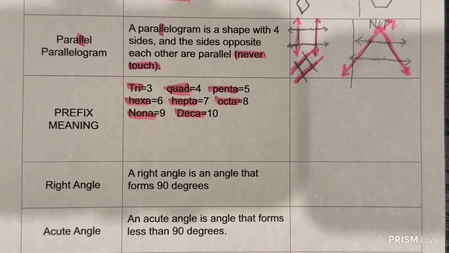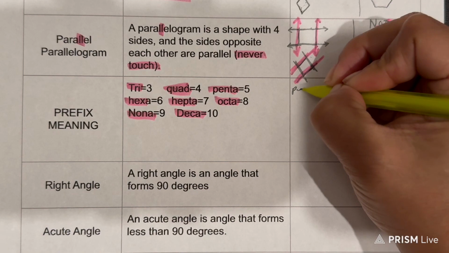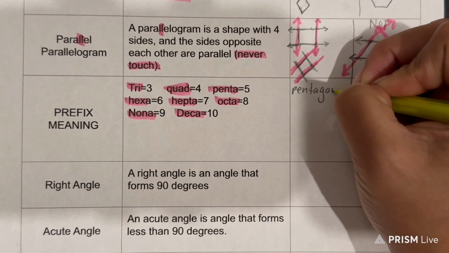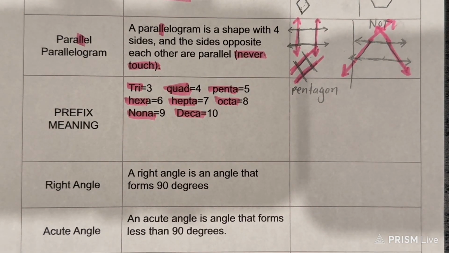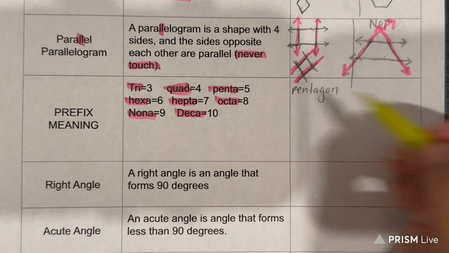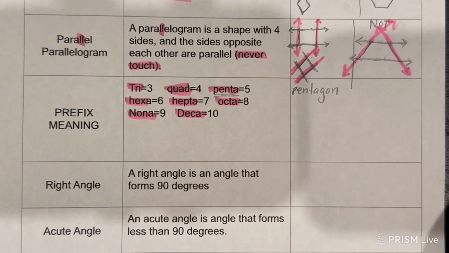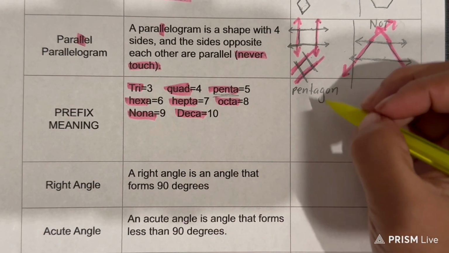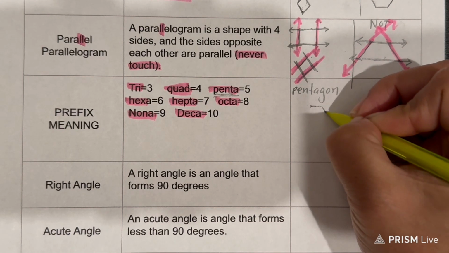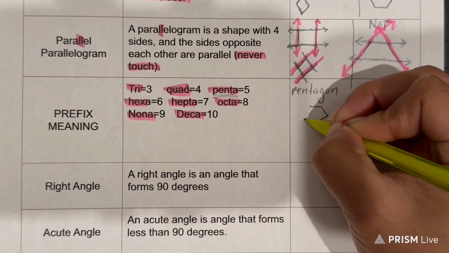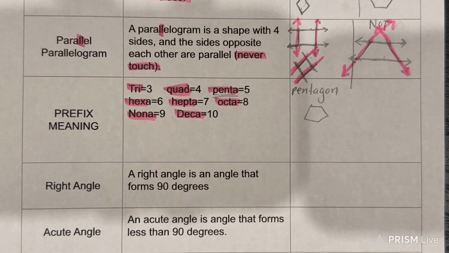For example, if I were to say we are going to draw a pentagon. A pentagon is a shape. How many sides does a pentagon have? We would know that just by the prefix penta, it's going to have 5 sides. So we can have 1, 2, 3, 4, 5. That's a pentagon.